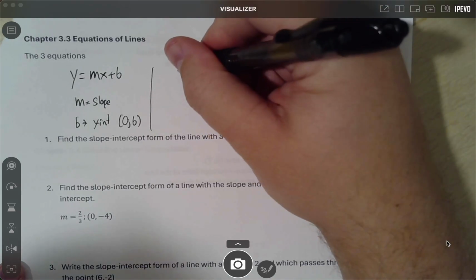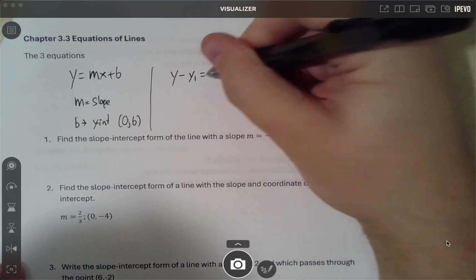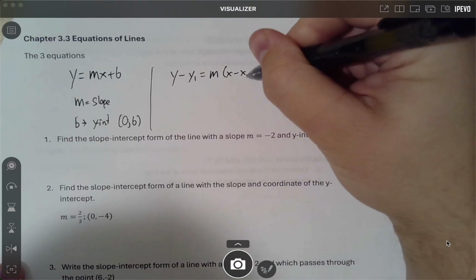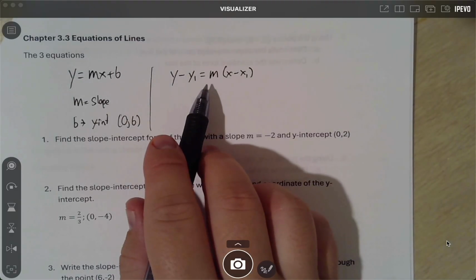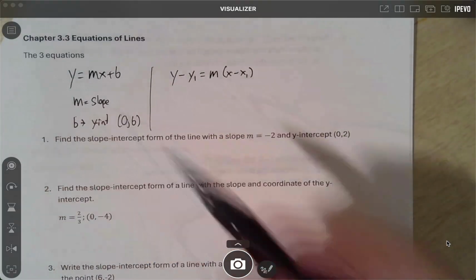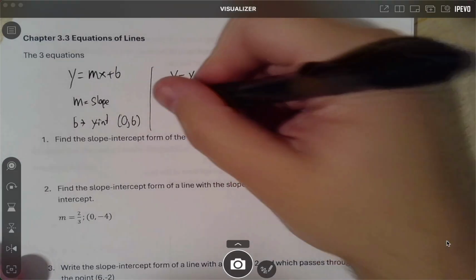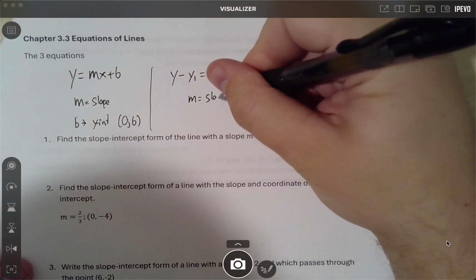Let's look at the next one. This one's a little bit funkier looking. There's y minus y1 equals m times x minus x1. Now this is the formula that I'm writing down exactly from what I wrote on the last page. I'm saying as long as you know any point, you can apply a slope to find the next point. Now what I notice here is there's still an m, so that must be my slope.